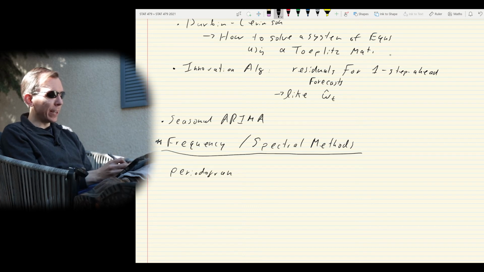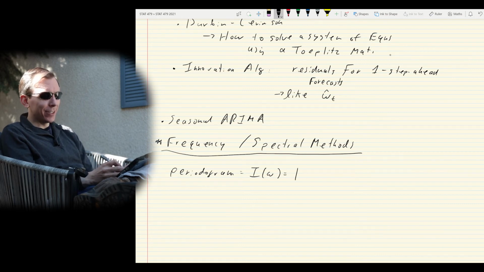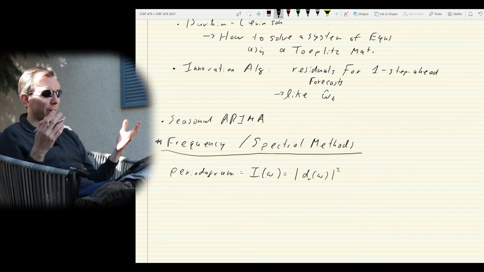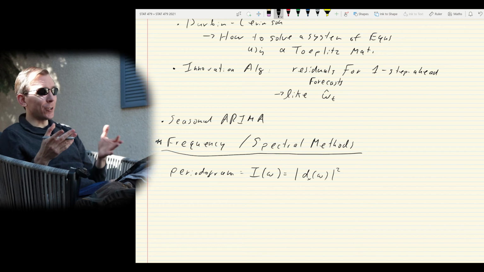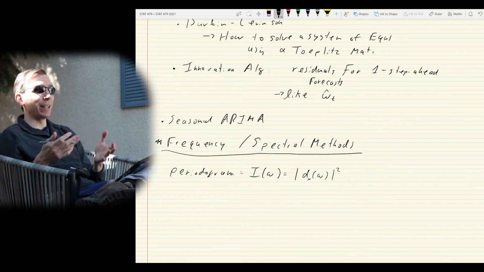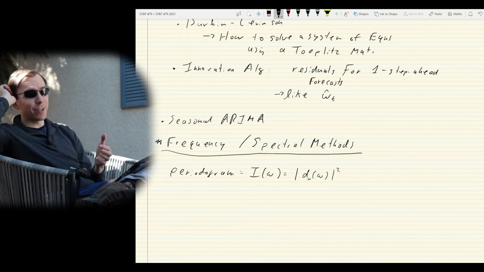Remember, the periodogram, I of omega, is the squared magnitude of the discrete Fourier transform applied to our time series.